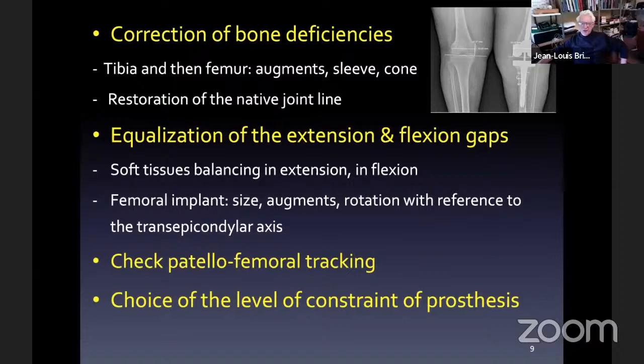We know that soft tissue balancing is very important in flexion and in extension, and femoral implants are important because of their size, augment, and rotation with reference to the transepicondylar line. At the end, we will look at patellofemoral tracking, and we choose the right level of constraint.